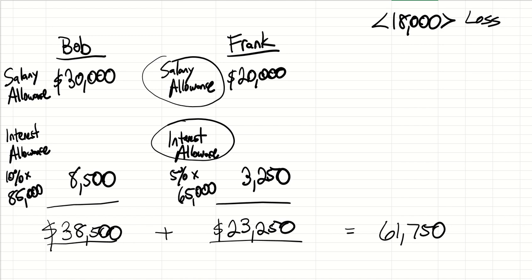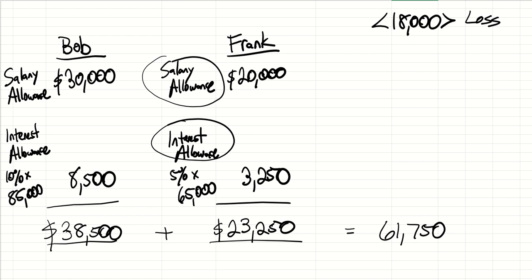So I don't want you all to get mixed up or confused thinking that, oh, this is salaries expense and this is interest expense. These are just allowances that are provided to Bob and Frank in case they're not able to come to an agreement to share the income and loss equally, or to share the income or loss based on their initial capital investment. So this is just another way to allocate the income or loss. That's it.